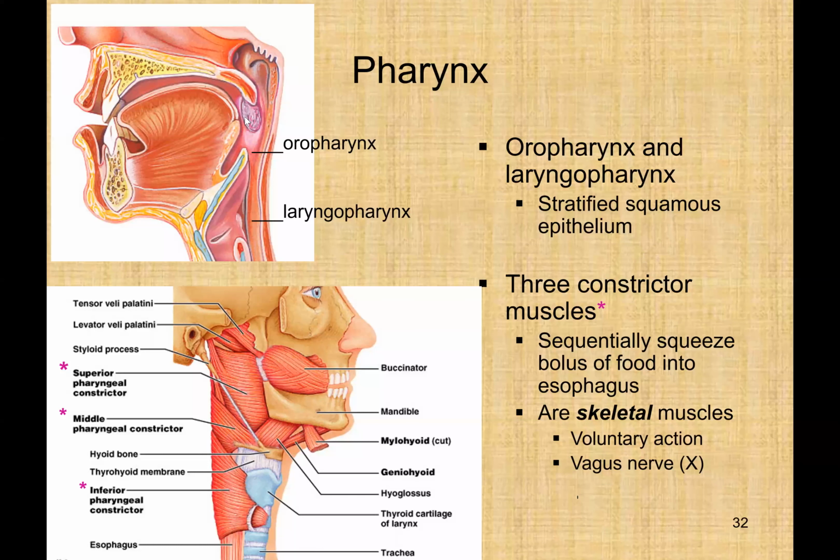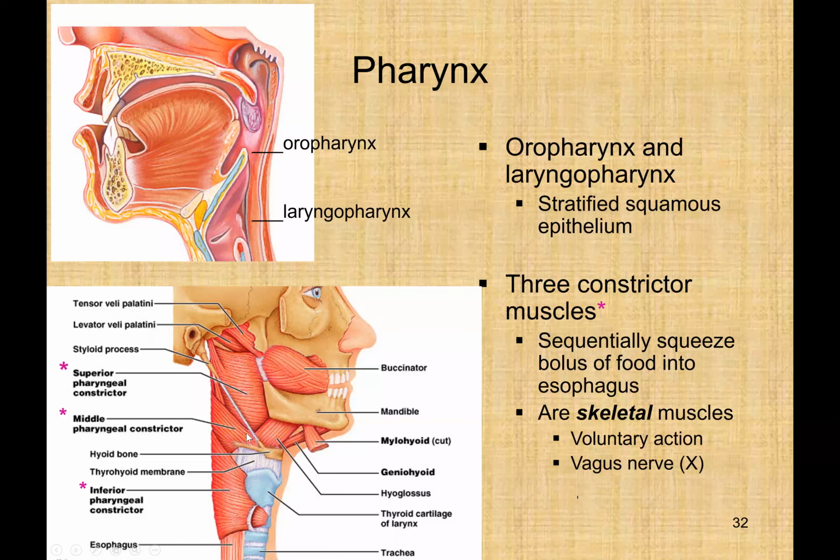Pharynx. So the pharynx, as I said, is the space behind the oral cavity, which connects the oral cavity to the nasal cavity and then to the larynx. It has 3 main parts: the oral, the laryngeal, and the nasal pharynx.